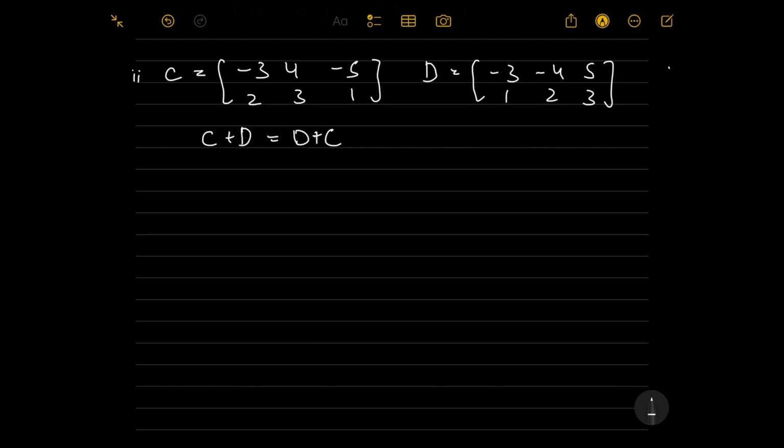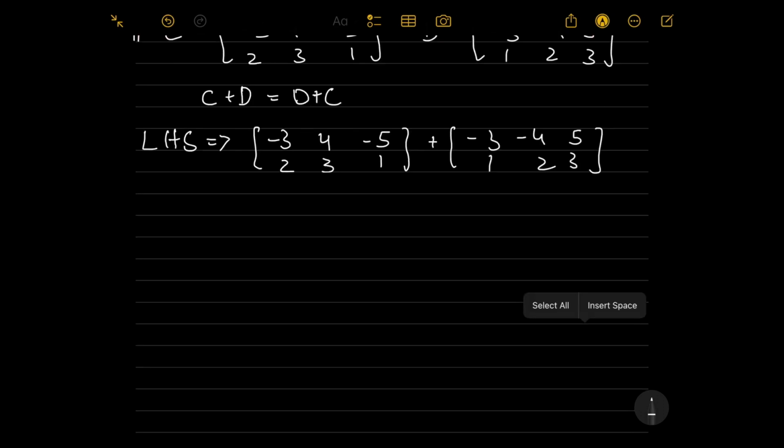So first the left hand side, and that is c plus d. So minus 3, 4, minus 5, then plus d. So just add these both.